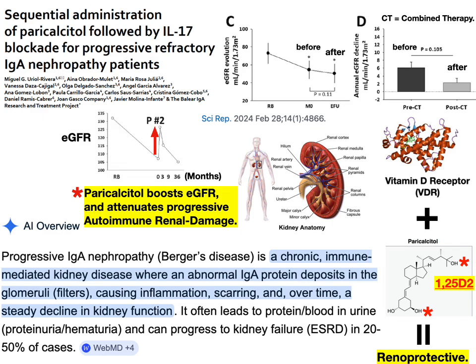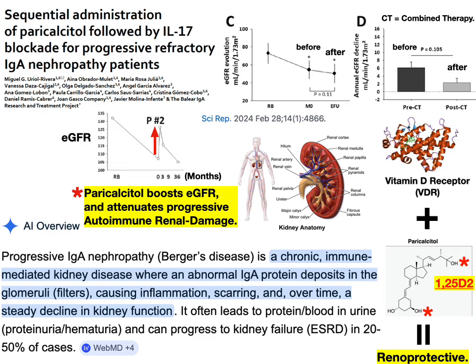So these steep curves of a diminishing estimated GFR in IgA nephropathy patients, the fact that paricalcitol can boost the eGFR and stabilize the kidney and slow down the progression of this nephron damage, that's what's being shown in the figures in the upper portion of the slide, C and D. We will discuss the details of these measurements in part 4 of this YouTube series.